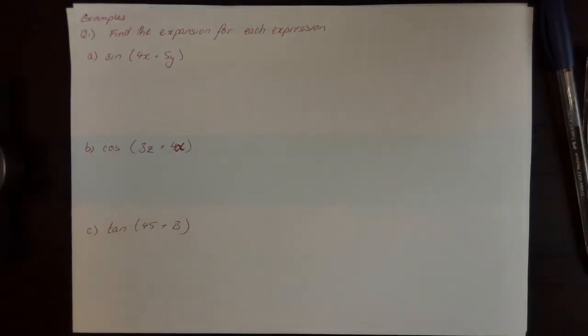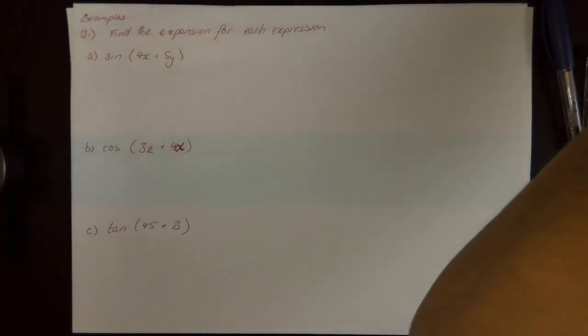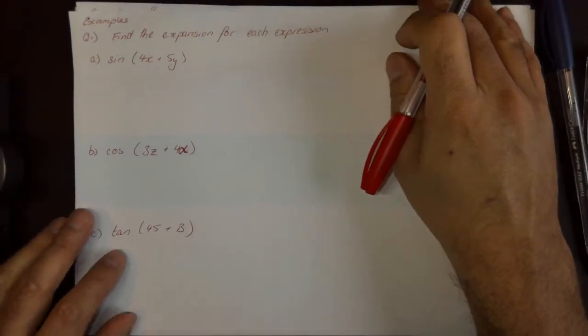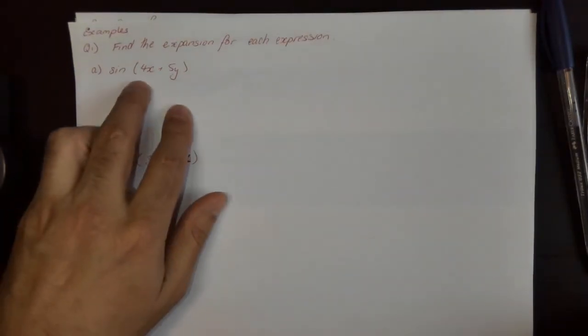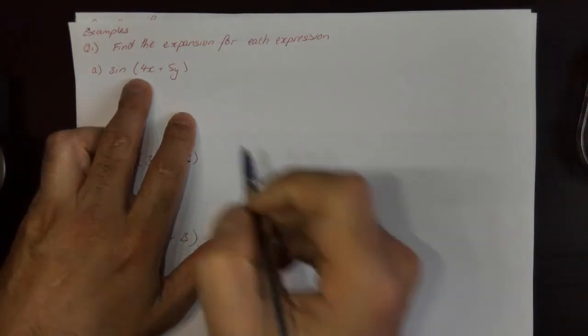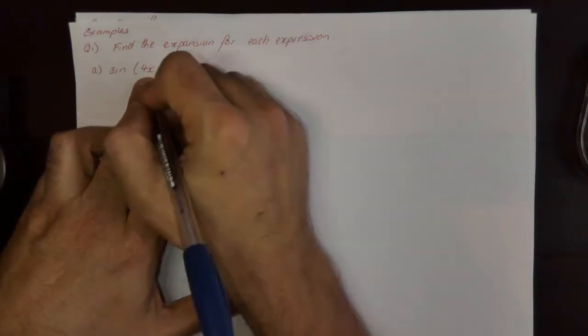All right, let's do some examples from it. We want to find an expansion for each expression. We've got a sine with two angles, 4x and 5y.